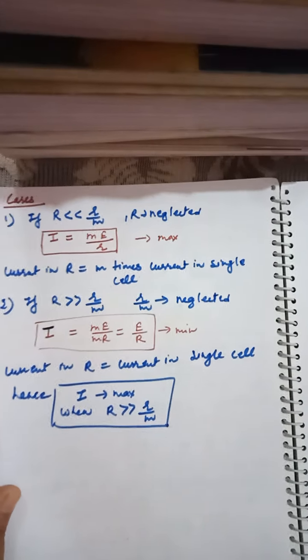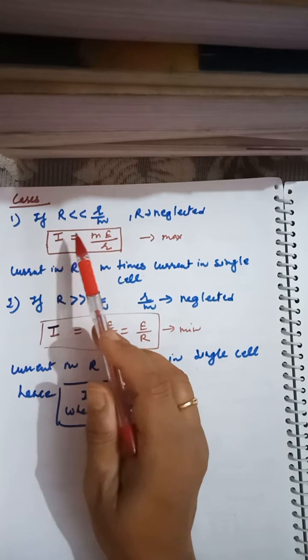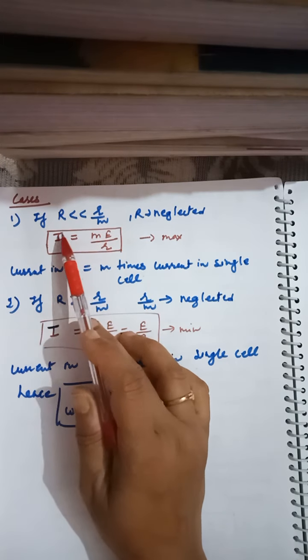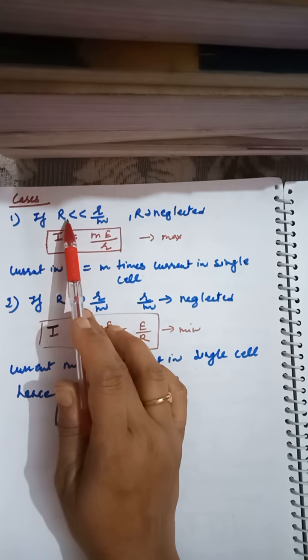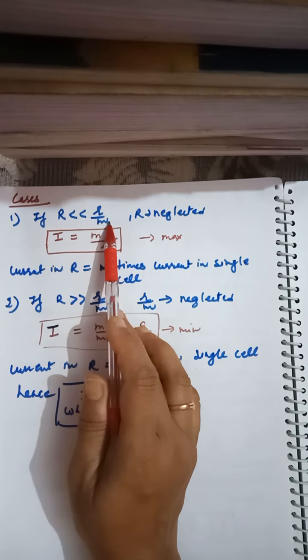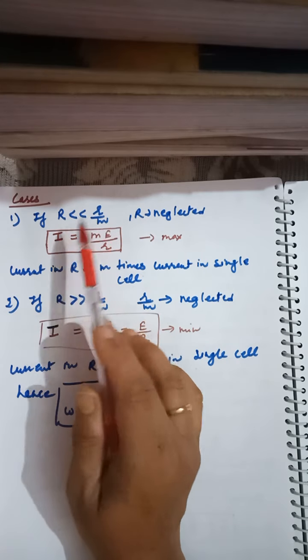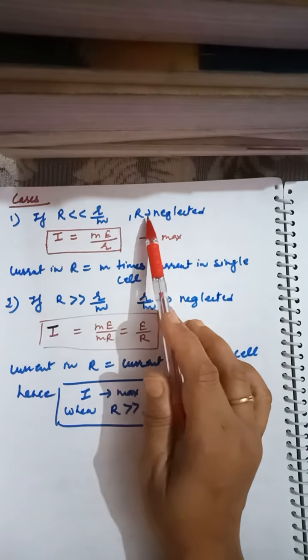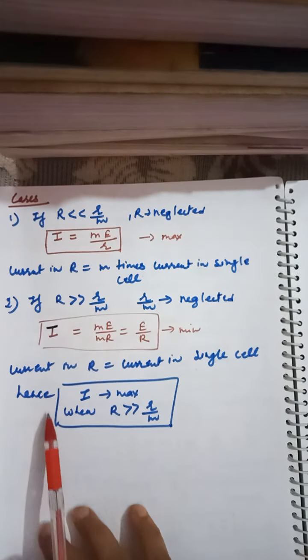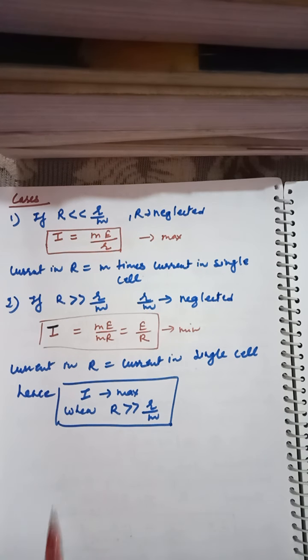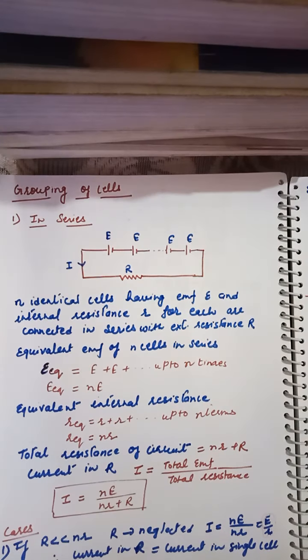Now after that, there are two cases again in which condition the current will be maximum in capital R. So for the first case, if I consider that capital R is very much less than r by M, the total internal resistance, then capital R can be neglected in the expression. So if R is neglected in the expression, you have got ME upon small r only.